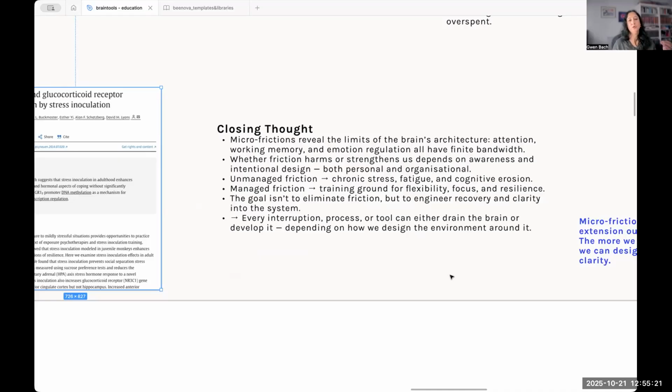So we can use those micro frictions intentionally to strengthen us, to make us more resilient. But if we leave them unchecked, they can just break down our mental health long term. And of course, it's about intentionally using them and we can do it. We can use it for both sides, the personal as well as at work.